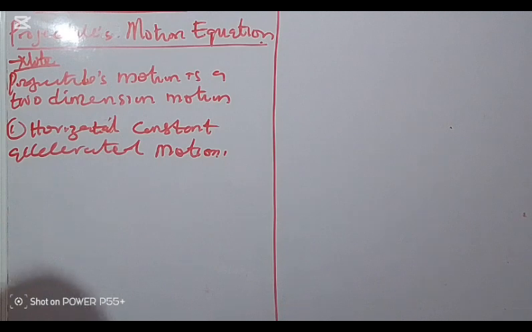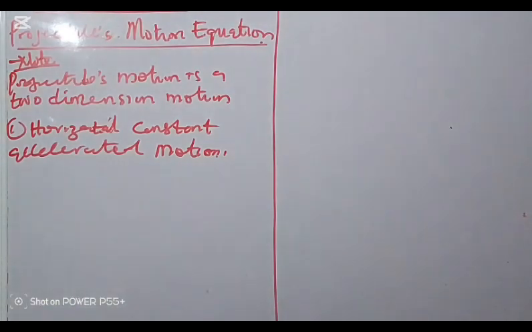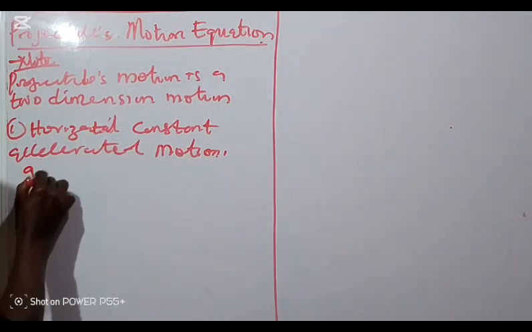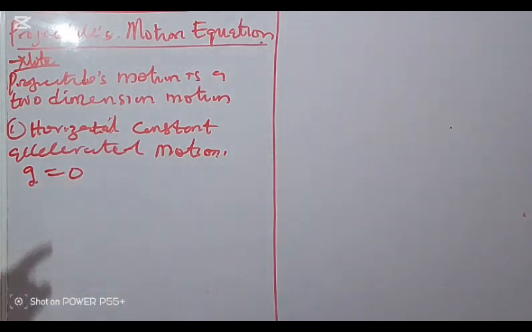Why is this constant? Because when a projectile is moving horizontally, there is no horizontal acceleration. So under this one, acceleration due to gravity, g, is equal to 0. The fact that g is equal to 0 is why the horizontal motion of a projectile is constant.